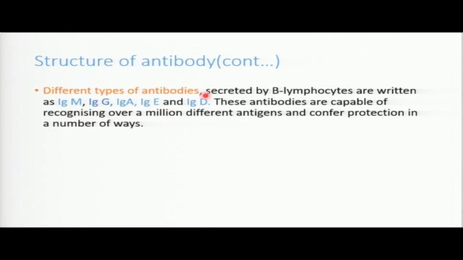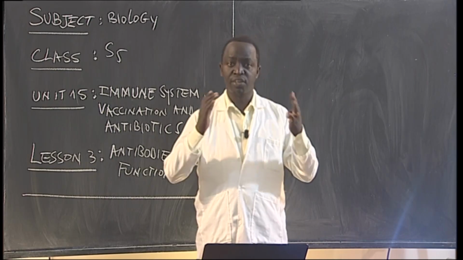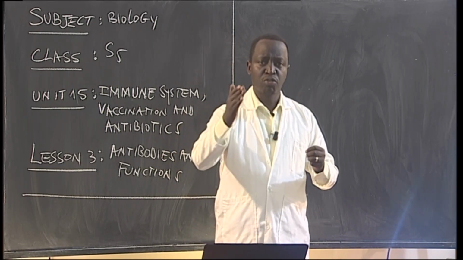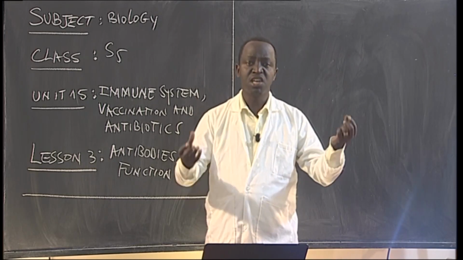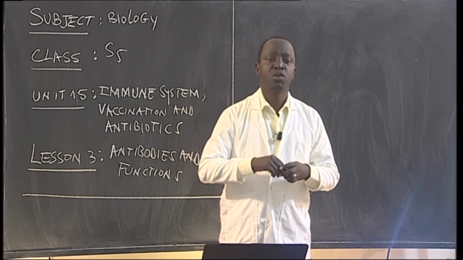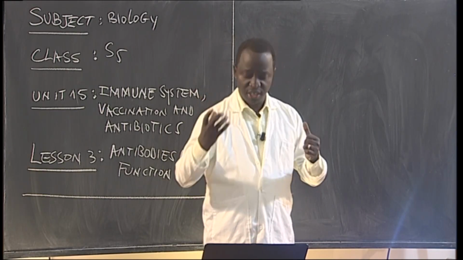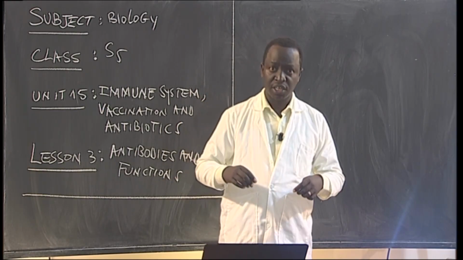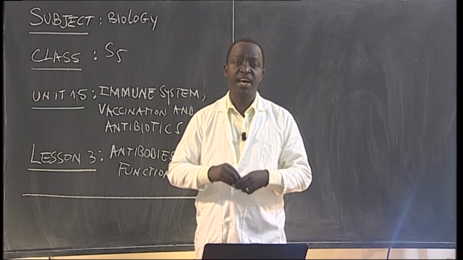Those antibodies have the ability of recognizing millions of different what? Of different antigens. Remember, when we talk about antigens, those are the foreign material that can enter into our body and cause, for example, disease. That's why those antibodies have to bind with those antigens and then destroy them.